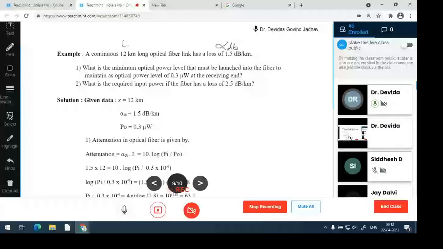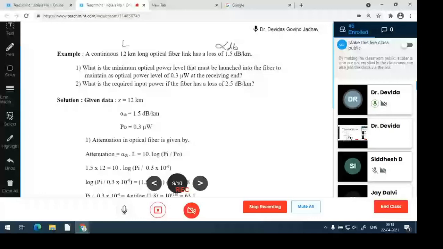to maintain the output optical power of 0.3 microwatt at the receiving end? What is asked?